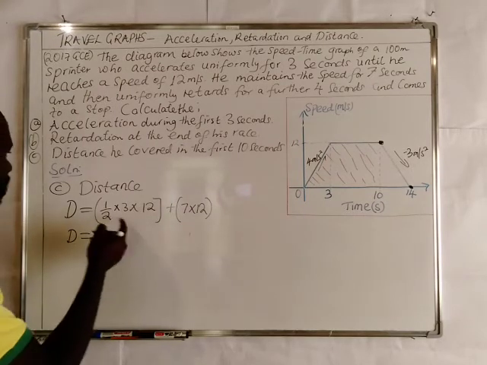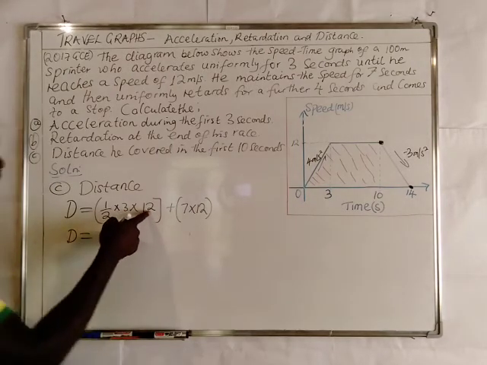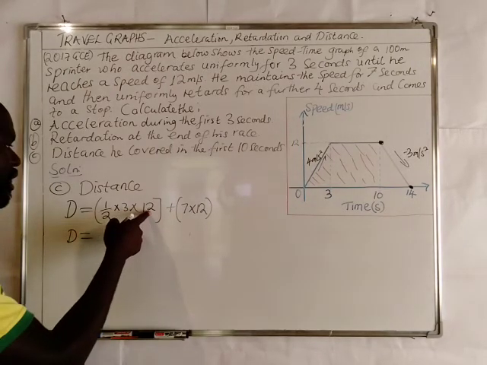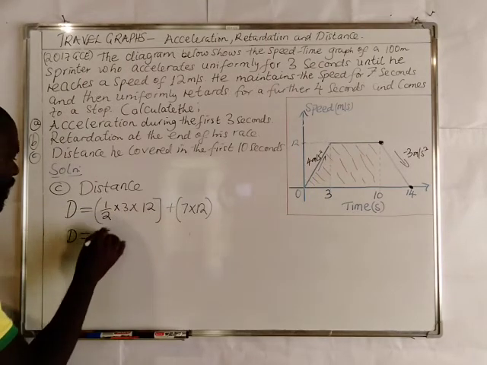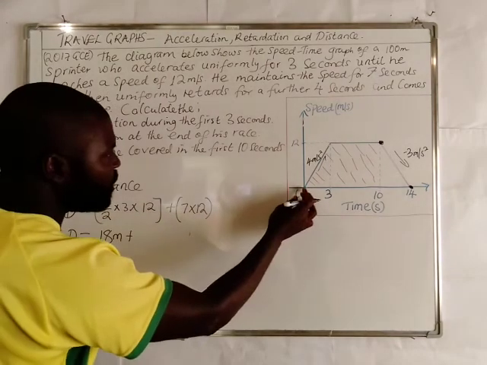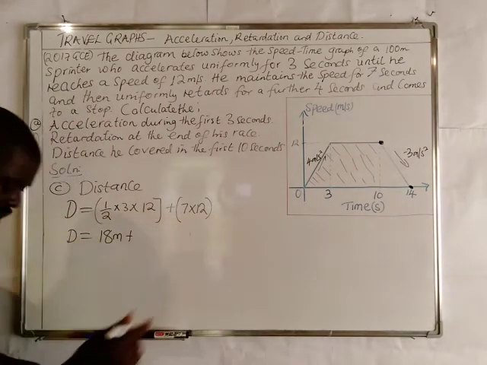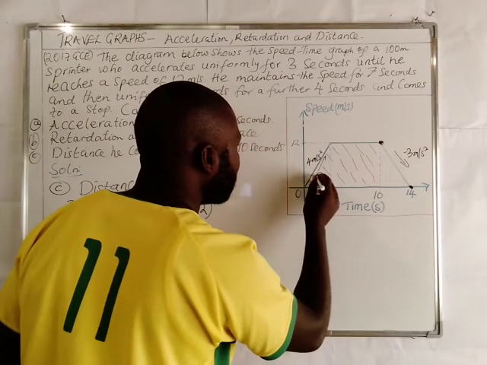So our distance here will be 3 multiplied by 12, which is 36. 36 times 1 over 2 is 18 meters. So between 0 and 3 seconds, the distance that was traveled is 18 meters.